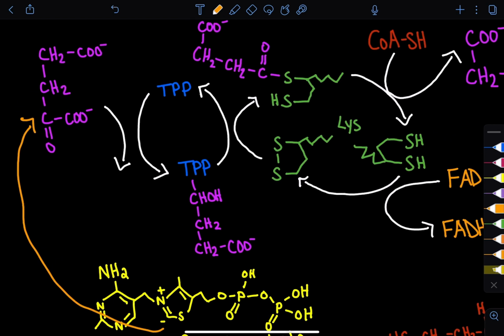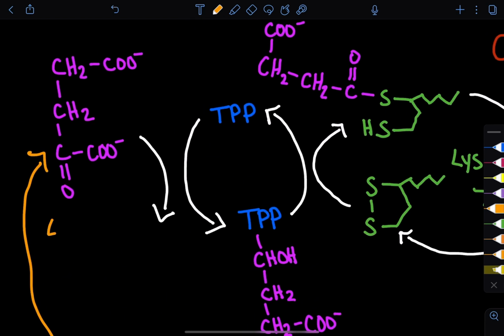Now, carbon can only have 4 bonds. So if TPP is trying to form a bond, that stable carbanion of TPP, if it's trying to form a bond with that carbon, we can see it already has 4 bonds. It has 1, 2, 3, 4 bonds, 2 bonds over there, right? So it must break a bond in order to be able to make a bond with TPP.